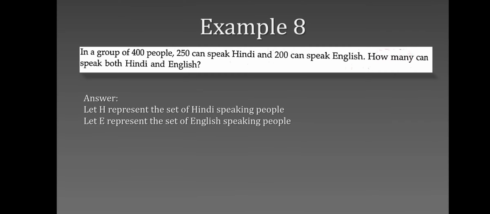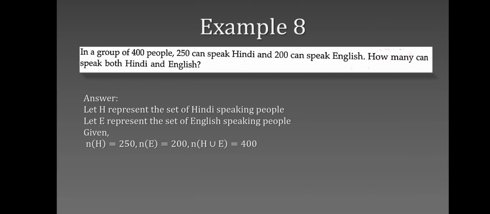Then once we have represented H and E as the sets, now let us write what are the things given. So the first thing is given that the number of elements in the set H is 250, number of elements in the set E is 200, and it is given that in a group of 400 people, so we can assume that all those 400 people either speak English or speak Hindi.